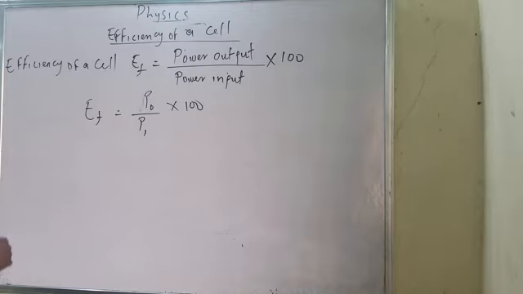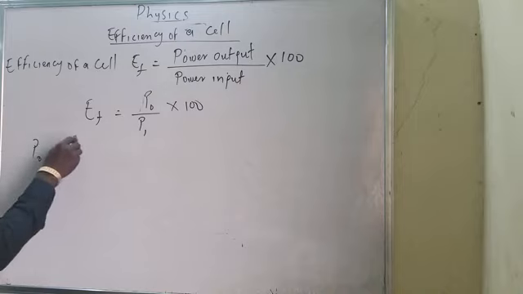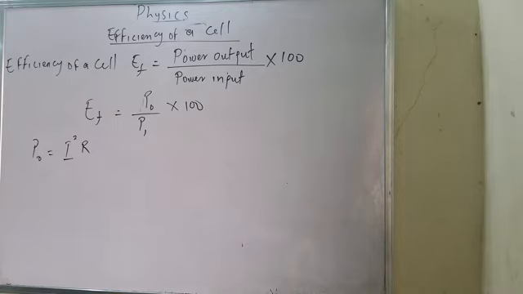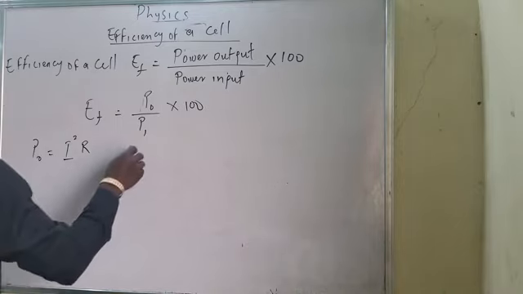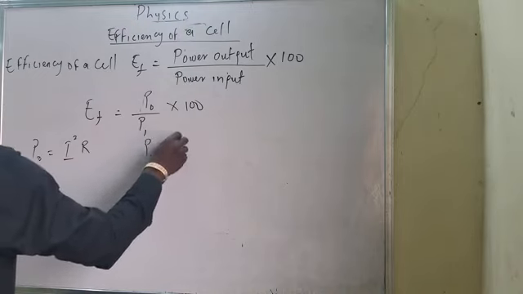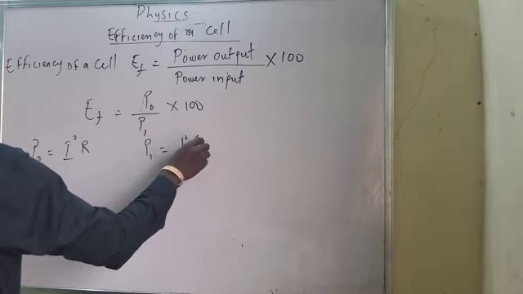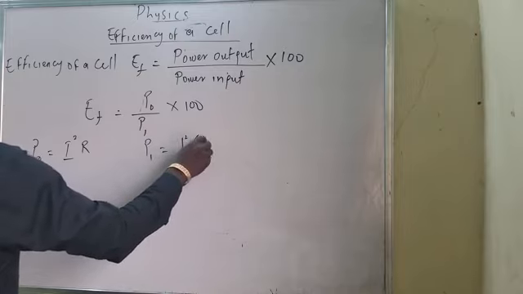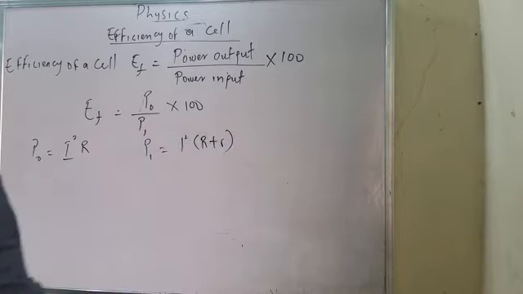Now, my power output, P0, is always equal to V squared over R, which we all know. And power input, P1, will be equal to V squared over R plus r.